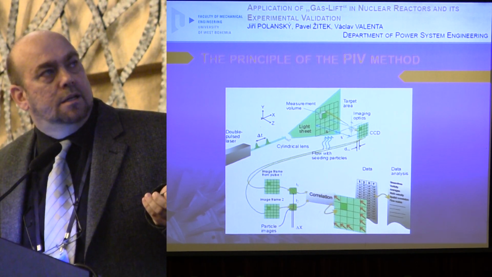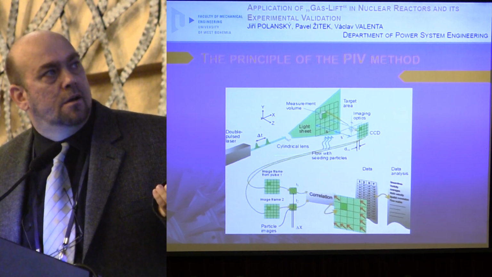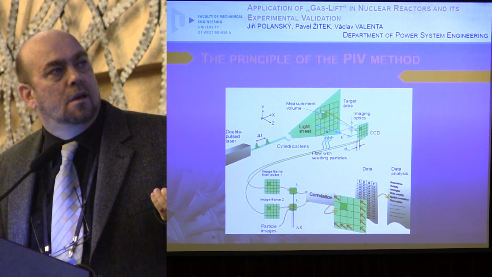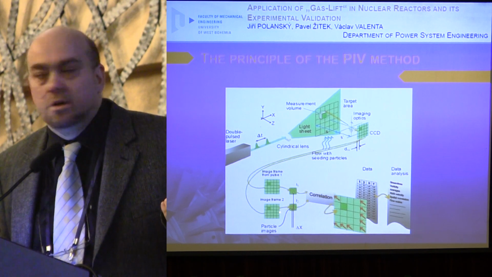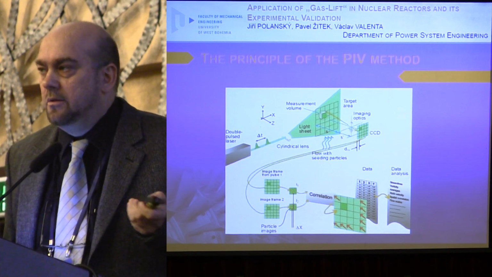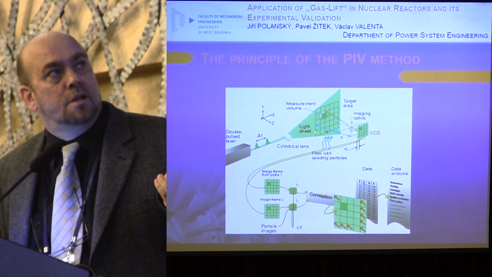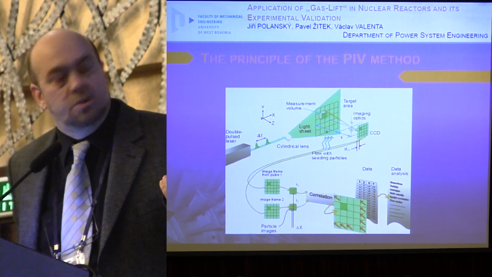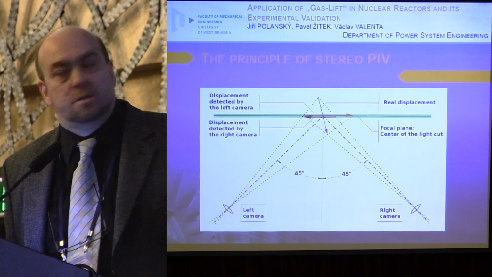You see that for this visualization we need optical access for the camera and also for the laser, and we need particles, because in fact we make photos of the particle positions, and from these positions, by correlation, we obtain the information about velocity. Also, you can see that we are able to measure just the velocity components lying in the light sheet.